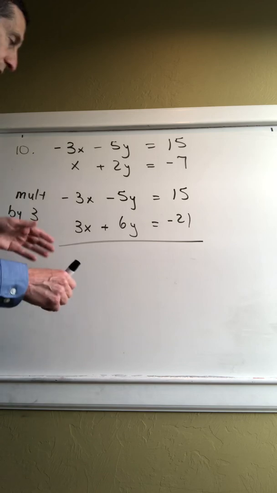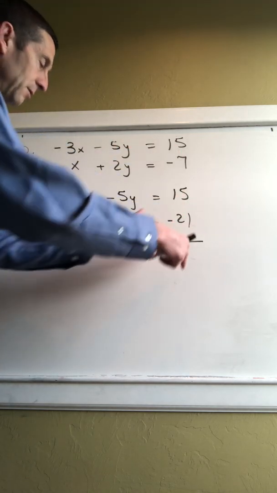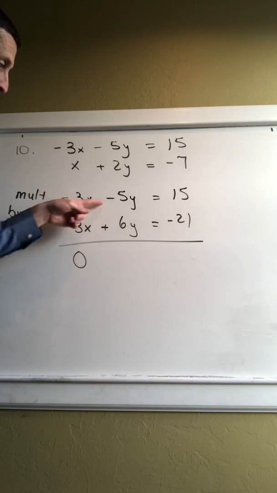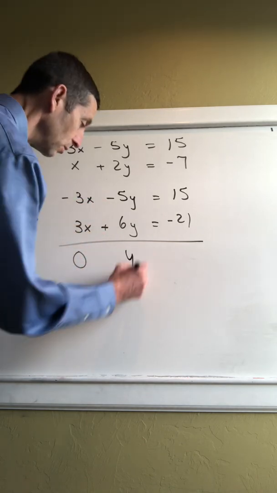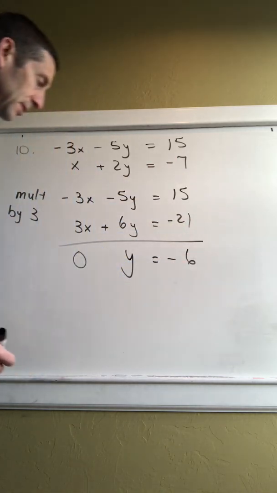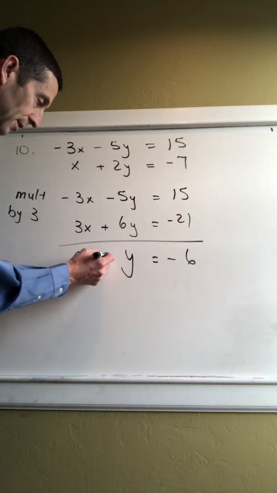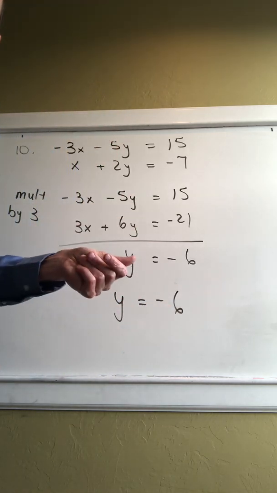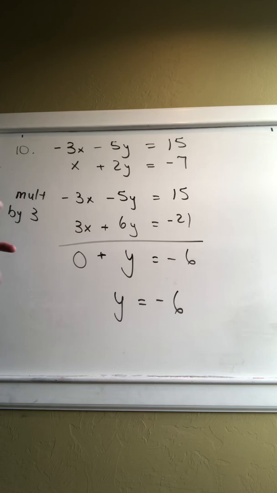So here we go. We are trying to get our x's, our y's, our numbers, add them straight down, gone. Elimination. That's what you want. Negative 5, positive 6. Oh, that's just one y left. 15 minus 21, that's negative 6. You're like, well, look at that. Y equals negative 6, and like that, you've got your first answer. Y equals negative 6.